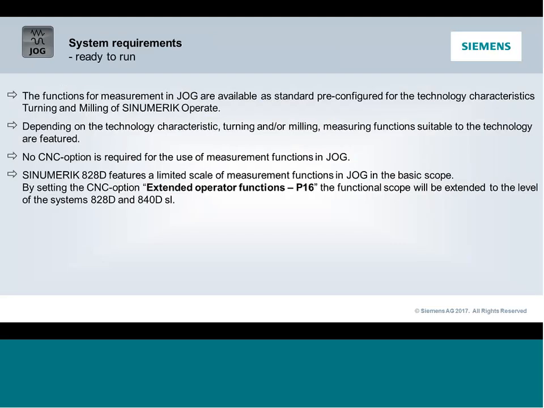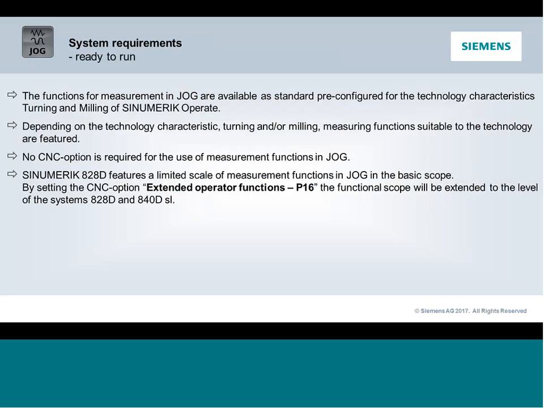When it comes to jog, when it comes to the cycles available in the control, on the 840 you get all of the cycles as standard function. So there's no option here. Really what it requires is just having the appropriate hardware to take advantage of them. Now when we get to the 828, we give you a reduced library of cycles, and you'll see in a couple slides which cycles you get out of the box on an 828.